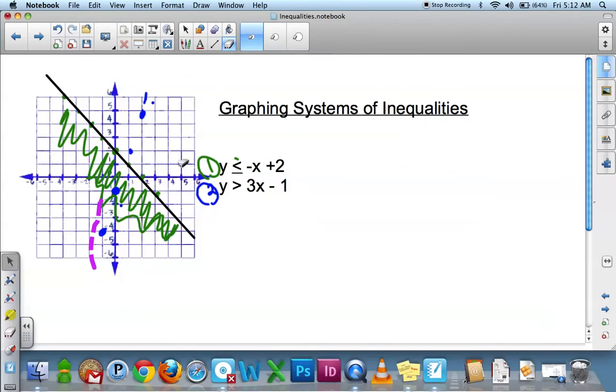So, as you're watching me struggle creating my dotted line, you should be thinking about, how am I going to shade this? It's so much easier when you're on paper.